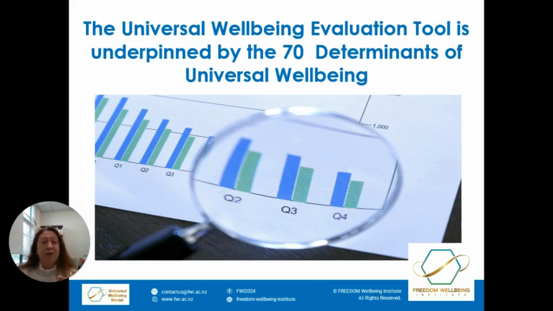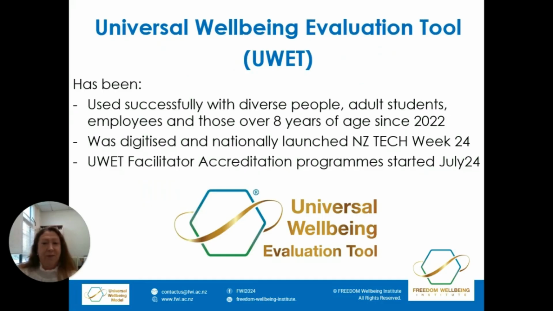They get 5 choices for each question that's asked, and that allows them to self-assess the different areas included in the Universal Wellbeing Model. But there are a few extra things that become available through this tool.